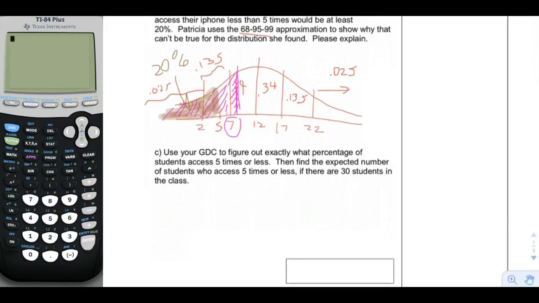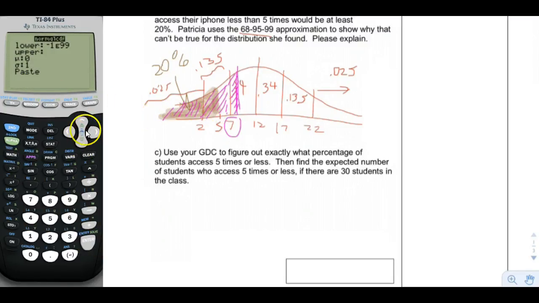So that's why that estimate is not a good estimate. Use your GDC to figure out exactly what percentage of students accessed 5 times or less. Okay, then find the expected number of students who access 5 times or less if there are 30 students in the class. So first we want to know the percentage in the brown area. And we can figure that exactly with our calculator using the distribution, second dist functions. We'll go to normal CDF. We'll put in the region, which the left boundary is negative infinity.